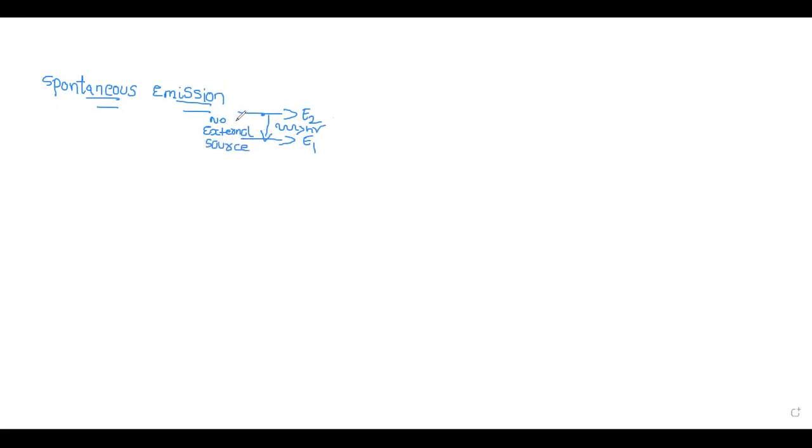We don't apply any external source. Spontaneous emission is nothing but the emission of an atom when it is de-excited, or when it is coming back.